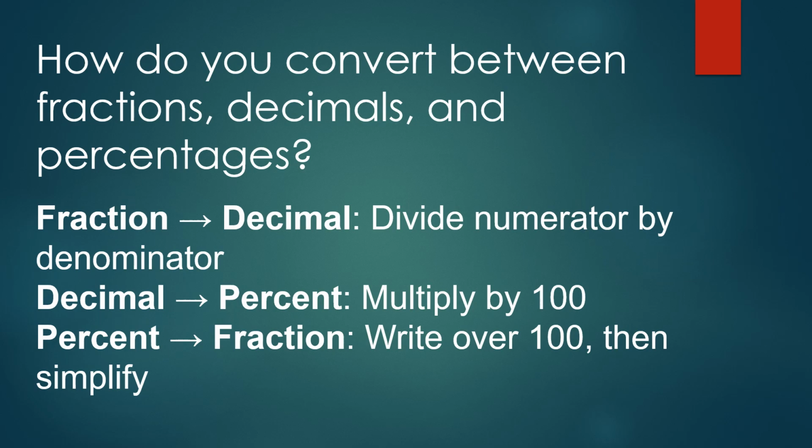Fraction to decimal, divide the numerator by the denominator. Decimal to percent, multiply it by 100. For example, 0.60 multiplied by 100 is 60%. Percent to fraction, write over 100, then simplify. For example, 60% over 100.